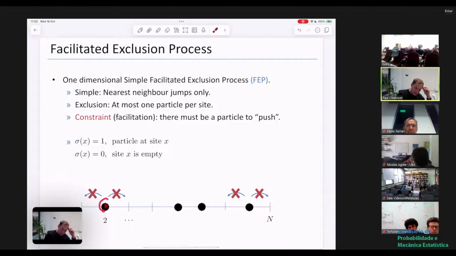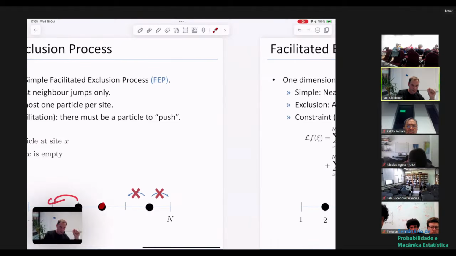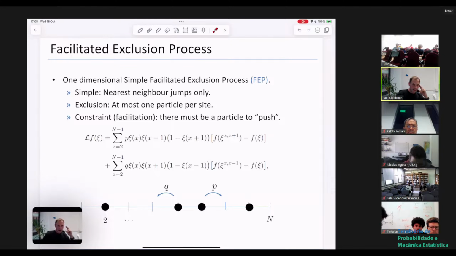So isolated particles are stuck. They can't move. You can only move if there is a particle behind you to push. So in particular, the only particles that can move in this configuration down here are these two.